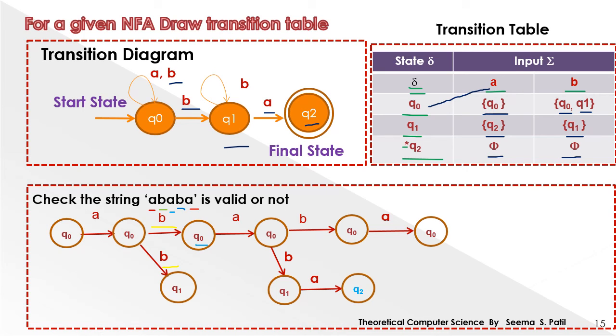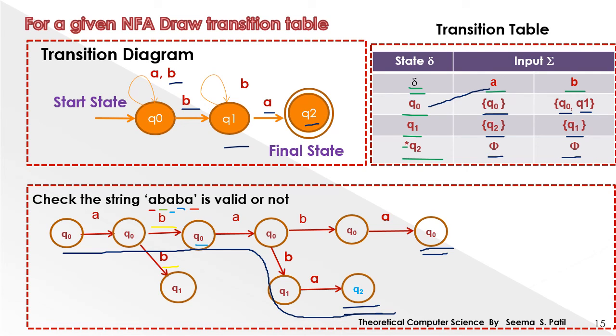Now how to check the validity? At last, when you will get the final state, then only that string is valid. Here you are getting ABABA on Q0 itself, but Q0 is not the final state. For this one the string is invalid, but you are getting the same string through this path. That is, path is Q0, Q0, Q0, Q0, Q1 and Q2.